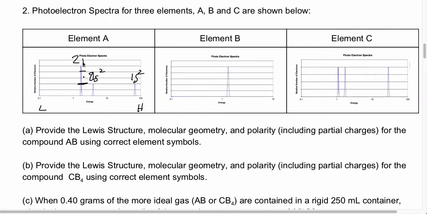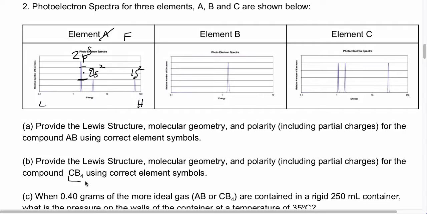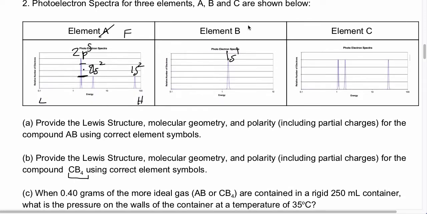This is 2s2, 2p5. So the element here is fluorine. This is one peak, so it's either helium or hydrogen. But we see later that it's going to be going into a compound, and we know that noble gases cannot bond at all. So this is now going to be hydrogen.